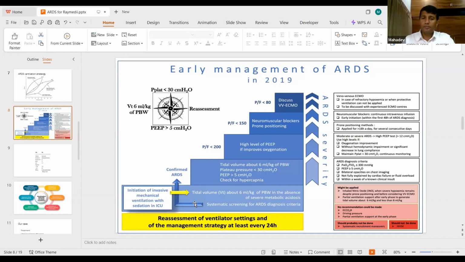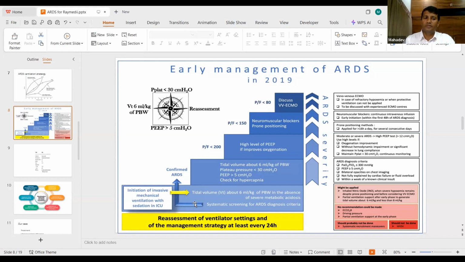So we have to be vigilant. A patient can have diaphragmatic weakness, and weaning can be difficult. So usually we keep them paralyzed for the initial 24 to 48 hours, and especially so if the patient needs prone ventilation. So when all these things are failing, then you have to go for prone ventilation.